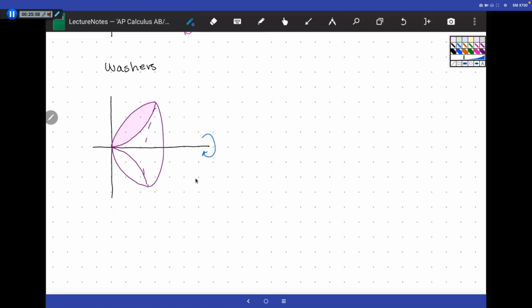And again, let's imagine if we did have this cut into rectangles. And I'll take one of those rectangles as my representative rectangle. I'm going to pick on this guy right here. And as it rotates around, it would make something like this.